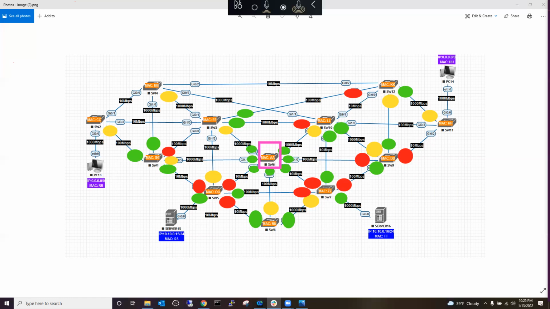It's all good. So what are we going to be doing on gigabit 0/0? That's going to be designated, because that one has the lowest MAC address. And then G01 will be blocking.